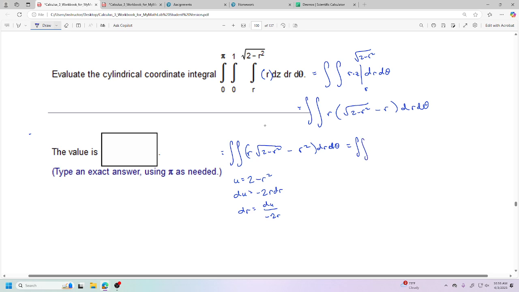So on this side, I have r square root of u du over negative 2r, and then I've got r squared dr. There's a d theta, but whatever. These r's cancel.